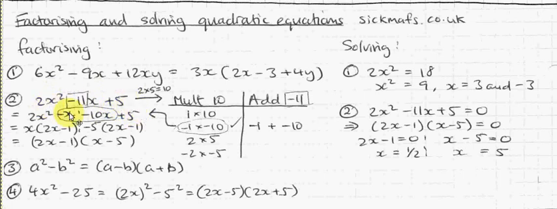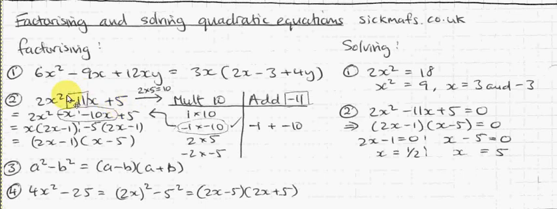This is a very common question, so you need to get used to this. First of all, you write out your thing with the x squared bit first, or the squarey bit first. It could be y squared instead, and then your linear bit, where it's just not squared at all, it's just got the letter with a number, and you've got the number at the end.